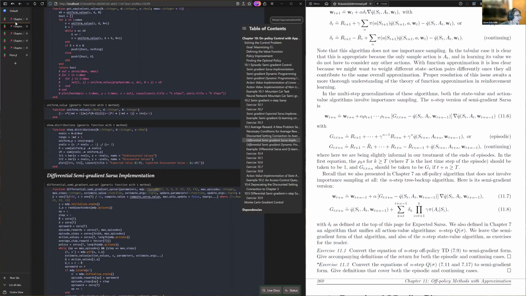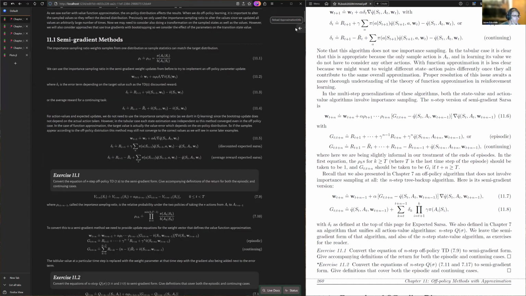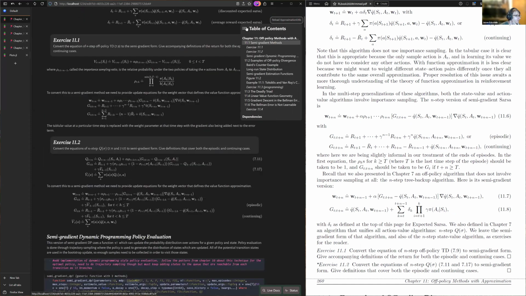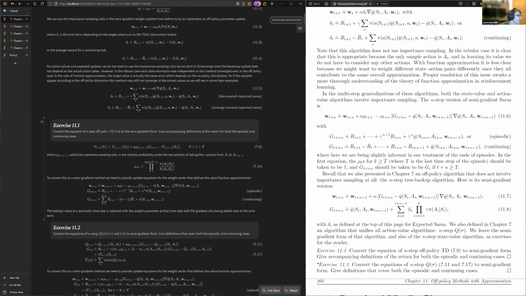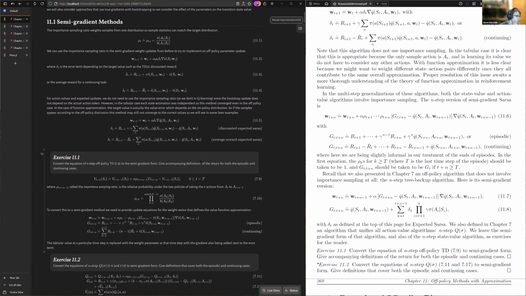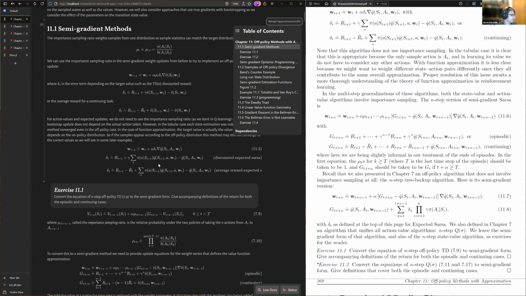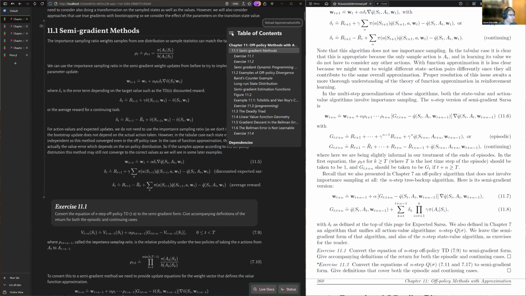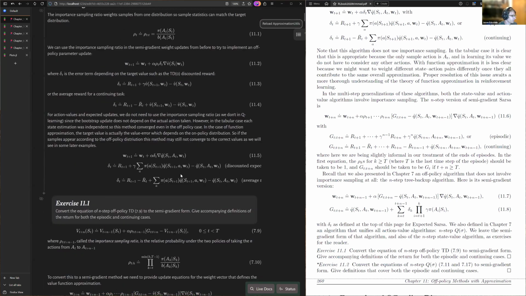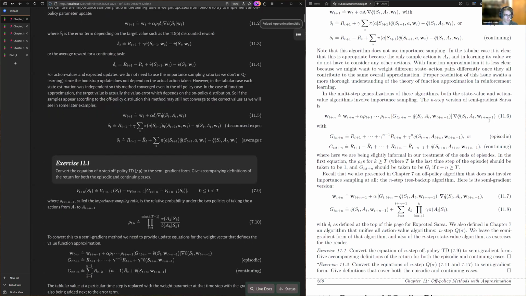And go back, these first two exercises here are just asking to convert whatever these n-step methods were from chapter 7 to a semi-gradient method with approximation. So they're all kind of the same answer, or they all look very similar to what is done in the book here.